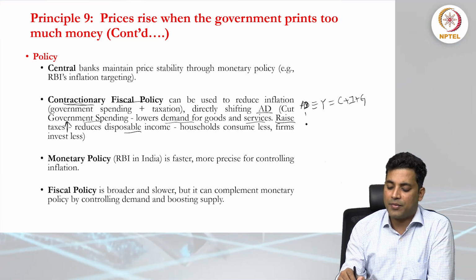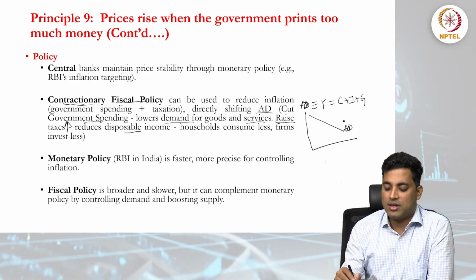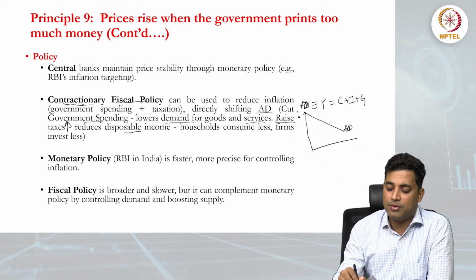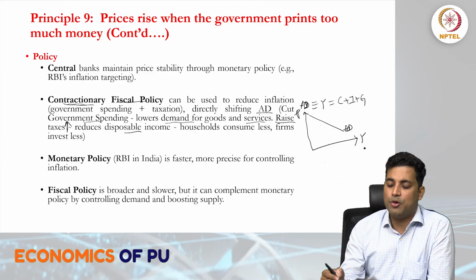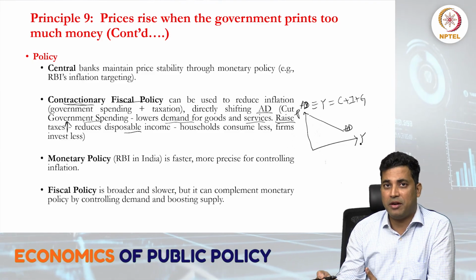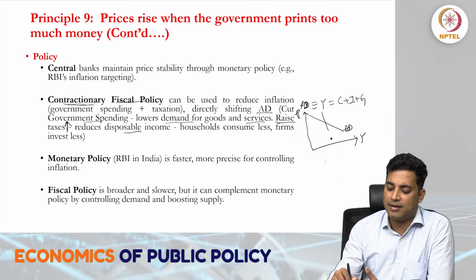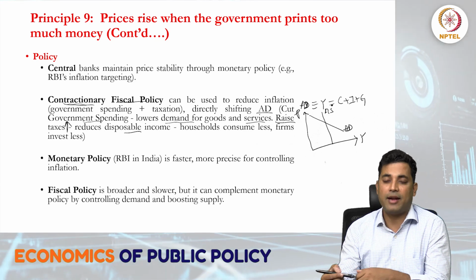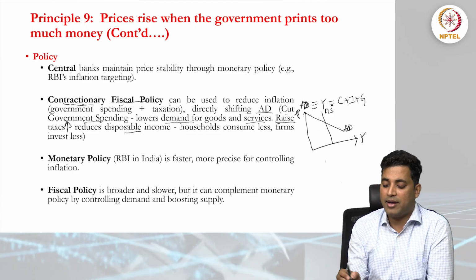Imagine this is aggregate demand, which is downward sloping. On the vertical axis we are measuring the aggregate price level, and on the horizontal axis aggregate output, which is capital Y and can also be referred to as GDP. Here I consider aggregate supply to be fixed. Even in the overall economy there is demand and supply.